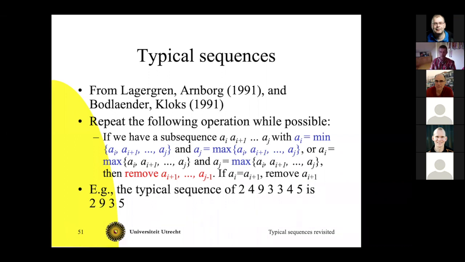And also, if I have two numbers which are equal to each other, next to each other, I remove one of them. So if you have, for instance, this sequence here, 2, 4, 9, 3, 3, 4, 5, well, the 4 is in between 2 and 9, so it can be deleted. And then 3, 3, 4, 5, basically the 3 and 4 are between 3 and 5, so they can also be deleted, and I get this typical sequence.